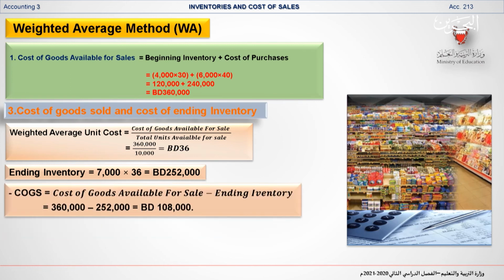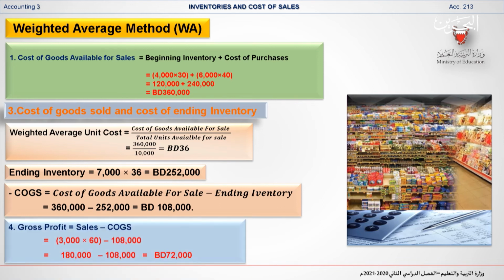Now you are ready to calculate the cost of goods sold by applying this formula. Cost of goods available for sale minus cost of ending inventory, which is 360,000 minus 252,000 equals 108,000 BD.